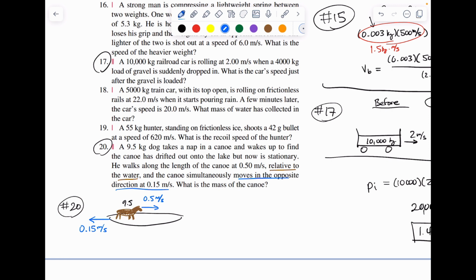So this is happening. This is a snapshot in time, right? The dog is moving this fast, the canoe is moving this fast, and we know the mass of the dog. And we know in this entire interaction that momentum is conserved. There will be very few times when this isn't conserved, really.